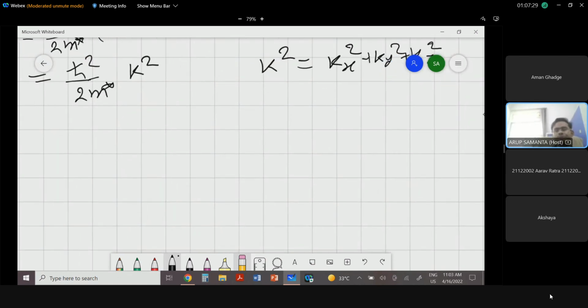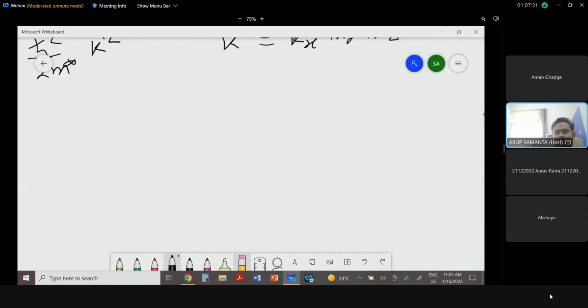Now, in 3D, if I want to draw some structure, this is kx, ky, kz. Consider a football.